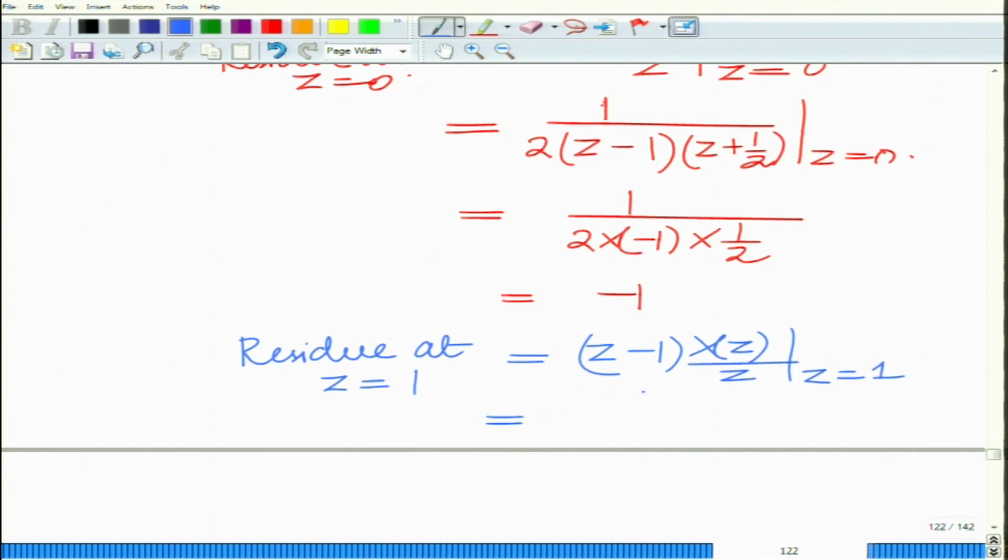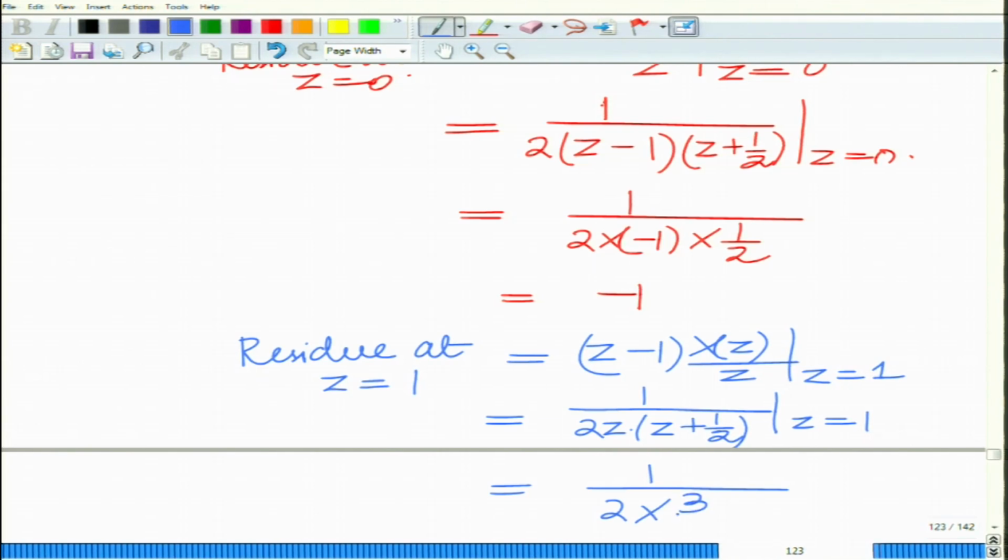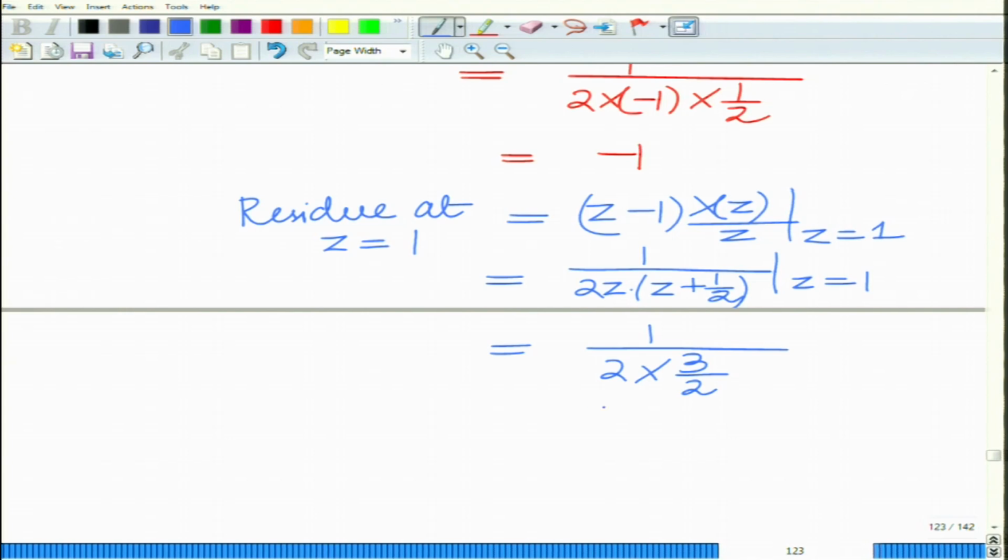So, this will be basically 1 over twice z into (z plus half) evaluated at z equal to 1. So, this is 1 over twice, with z equal to 1, twice 3 by 2, that is 1 over 3. This is your residue at z equal to 1.